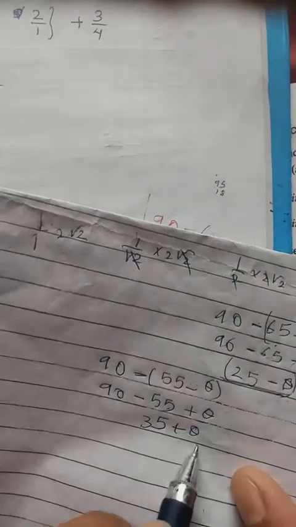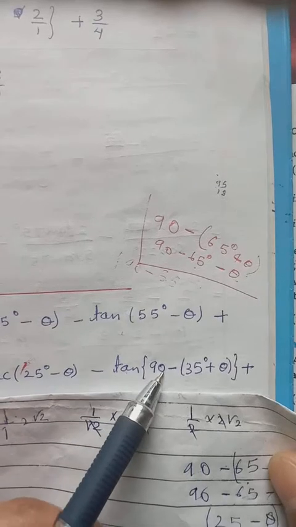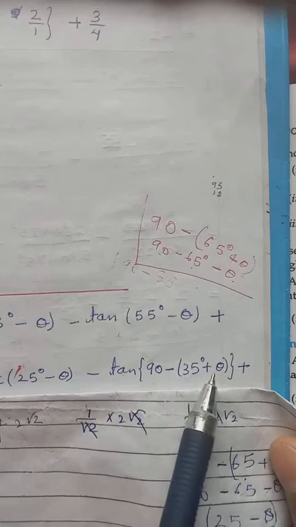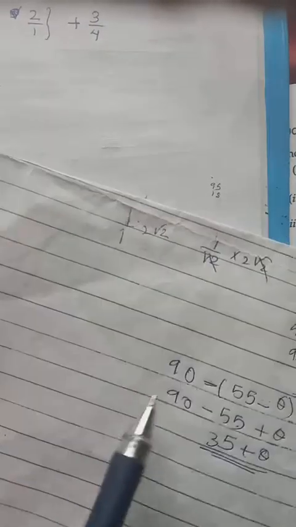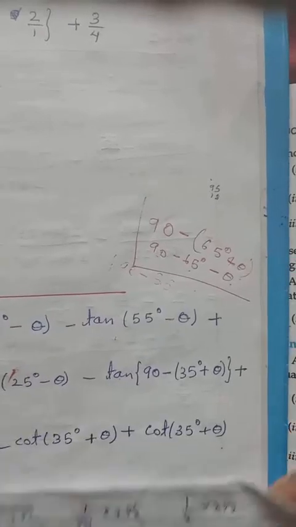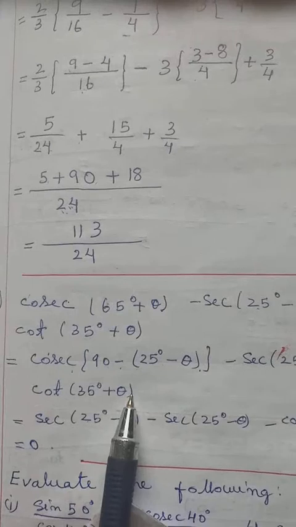So in place of theta we have to put this. So tan, let it remain tan. In order to convert it, in place of theta we can replace 35 minus theta. Remember, we get it after we find its complement, that means we subtract from 90. Then if you see, this one is 35 plus theta, no need to change.